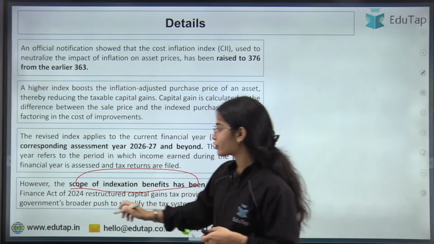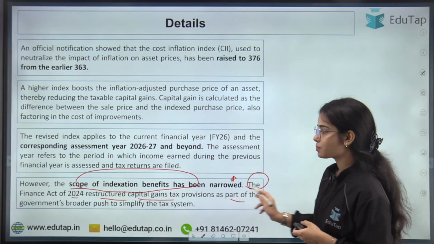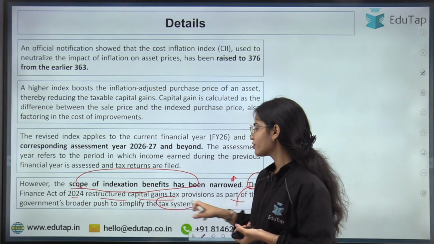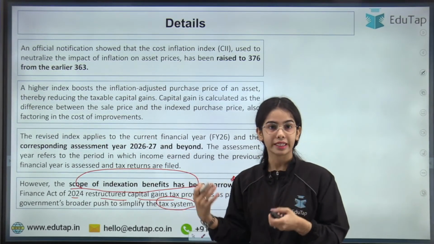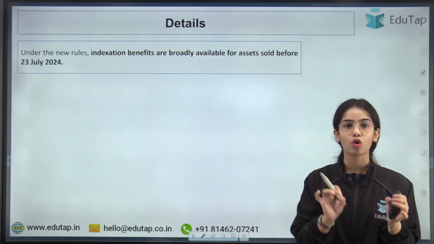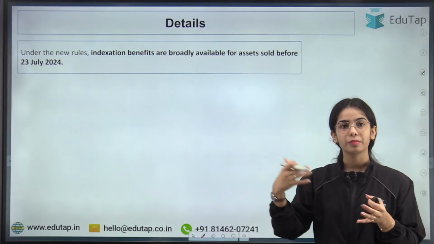Now, the Finance Act of 2024 restructured the capital gain tax provisions as part of the government's broader push to simplify the tax system. There were major changes brought into the tax system, including changes in the cost inflation index and the calculation of long-term capital gain.